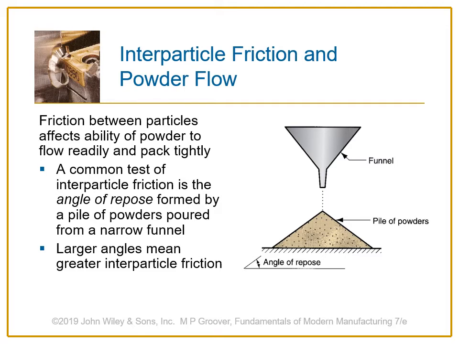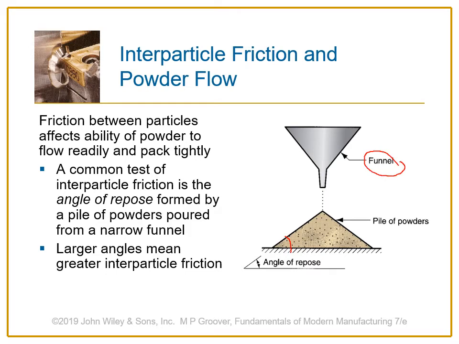One of the other features that we are concerned with is friction. And here I mean the interparticle friction, which is the friction that occurs between the particles themselves, and that friction will affect the ability of the powder to flow readily and pack tightly. One of the measurements that we look at is the angle of repose, which is this angle here. It's formed by a pile of powder as it is poured from a narrow funnel, as you can see in this picture here.